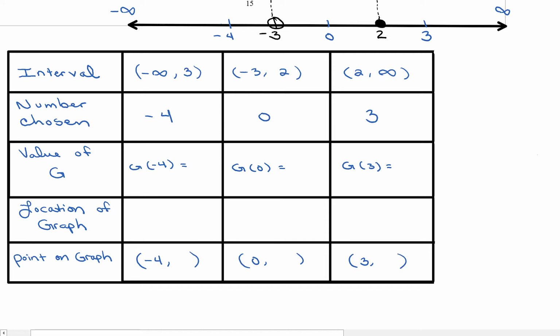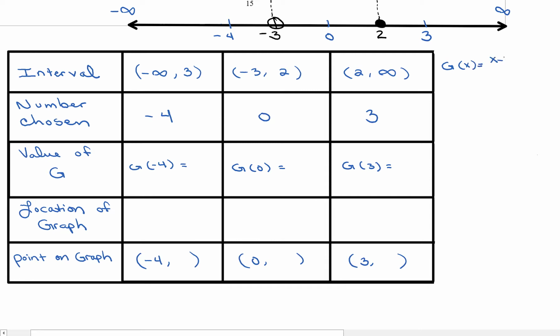All right, let's go ahead and substitute these values. Let's find out what g of -4 is. Let's just go ahead and use the calculator. Now, you guys can choose to use the original function, or you could choose to use the reduced function, because basically our function is going to look just like the reduced one, except it's going to have a hole in it.